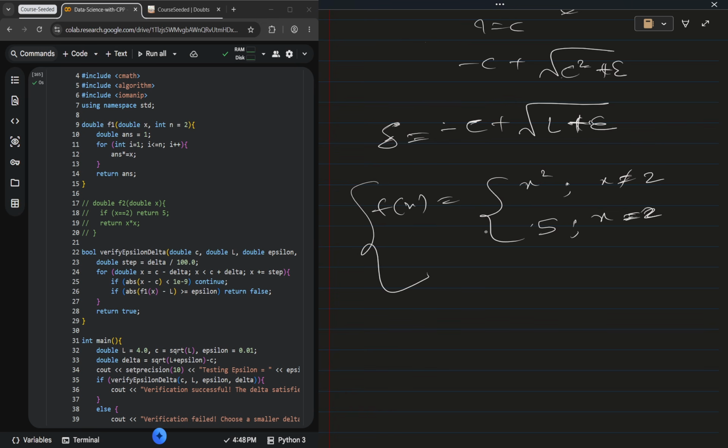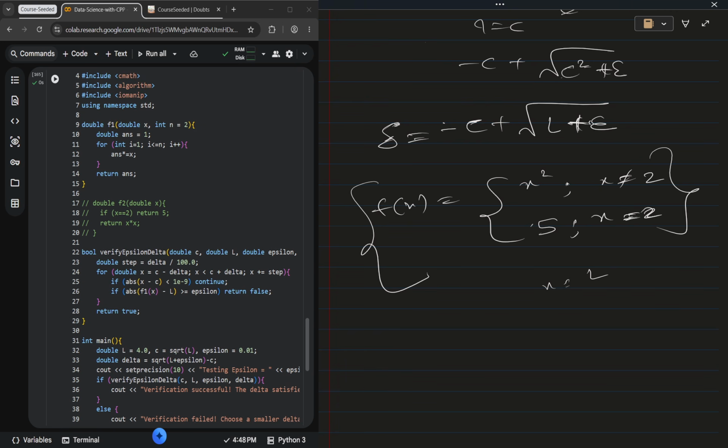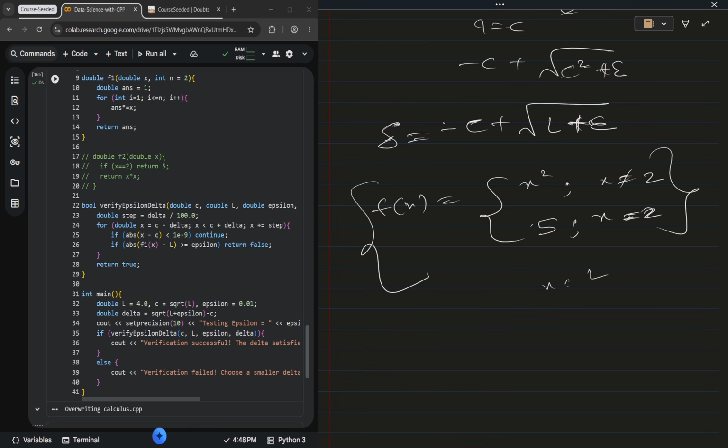So you just have to prove that the limit does not exist at x equals 2.